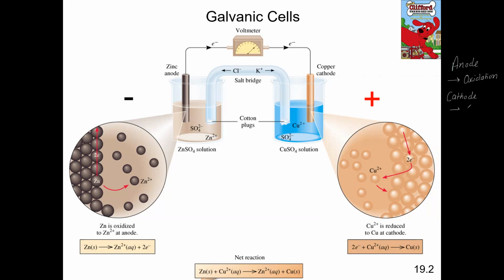Cathode compartment is reduction. You have to memorize it. The same words are used in electrolytic cell also. In electrolytic cell, anode is oxidation, cathode is reduction. In galvanic cell, anode is oxidation, cathode is reduction. Is it okay?